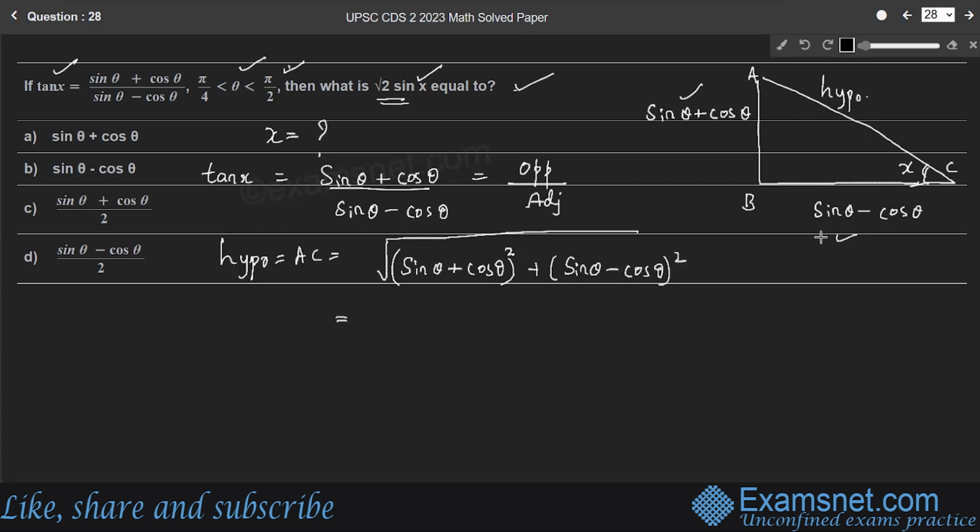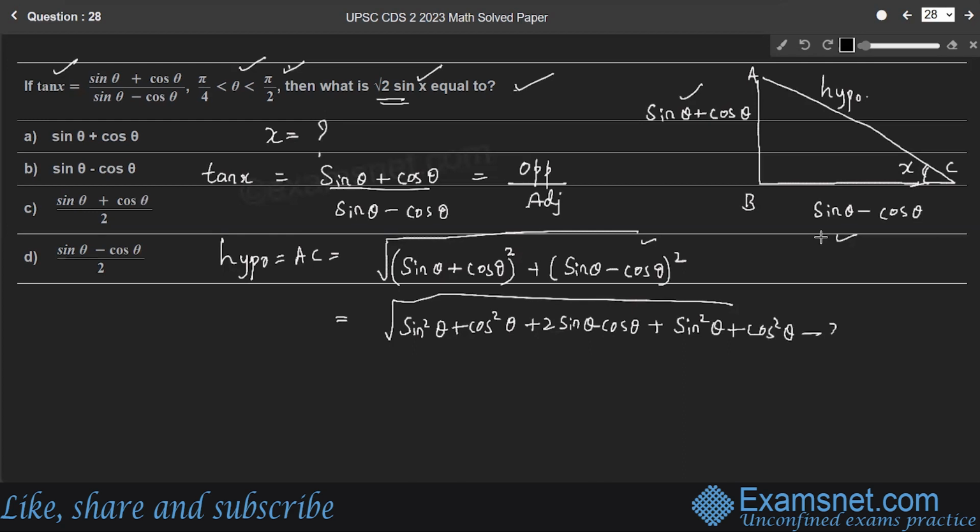That is the square root of sine square theta plus cos square theta, which is 1, plus 2 sine theta cos theta, plus sine square theta plus cos square theta minus 2 sine theta cos theta.